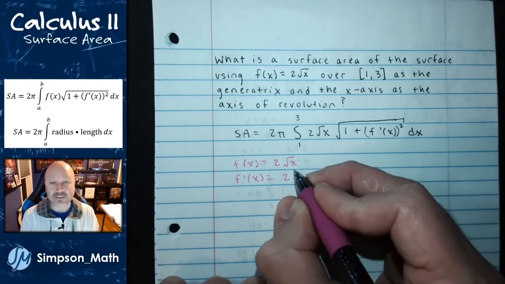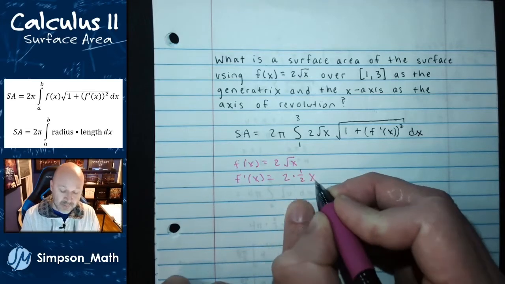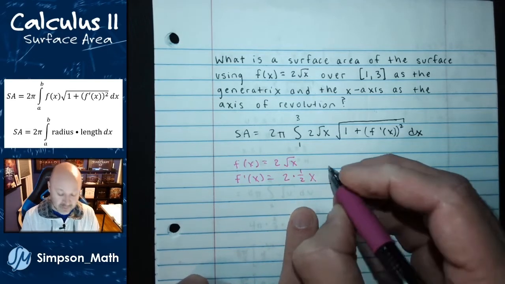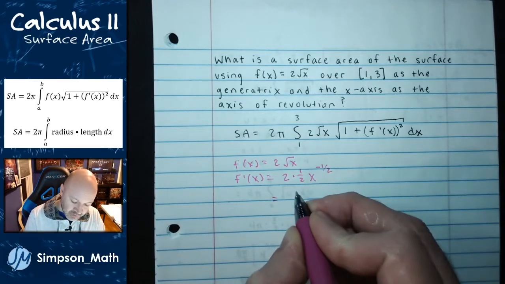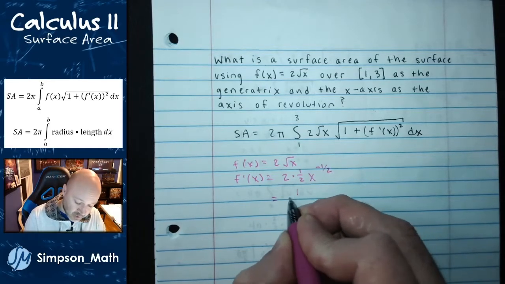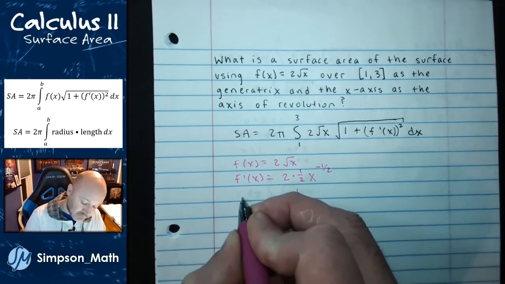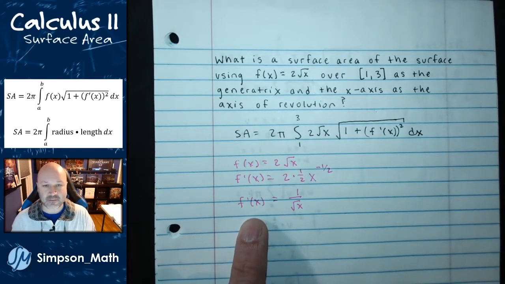The derivative of x to the 1/2 power, the power of 1/2 comes down. My base stays the same, but I do subtract 1 from the power, so it's now negative 1/2. Cleaning that up, the 2's reduce, the x goes in the denominator, and it's the square root. So I have 1 over the square root of x as the derivative of f of x.